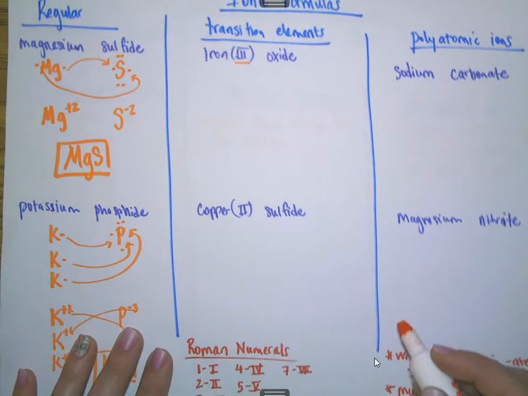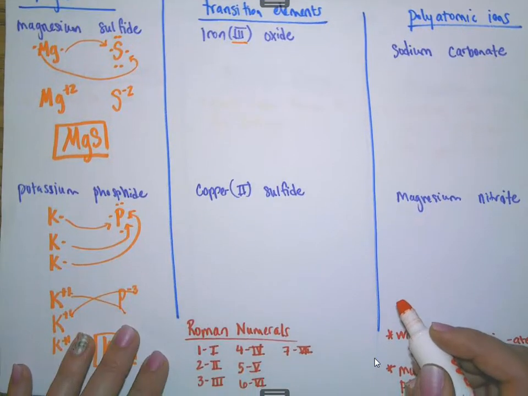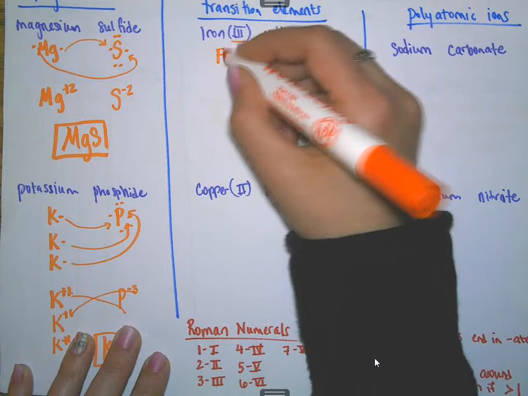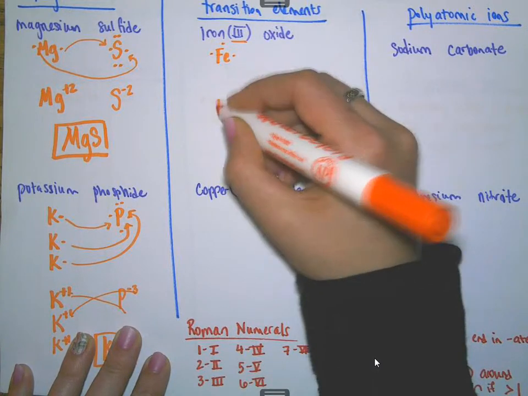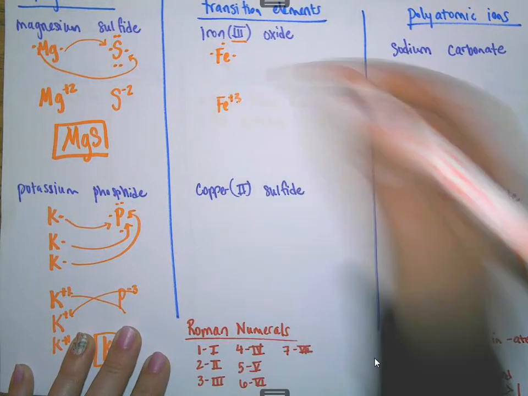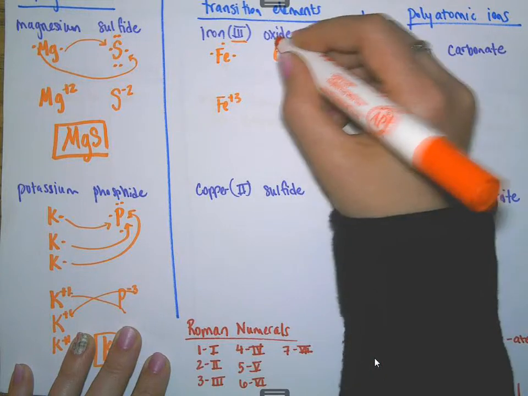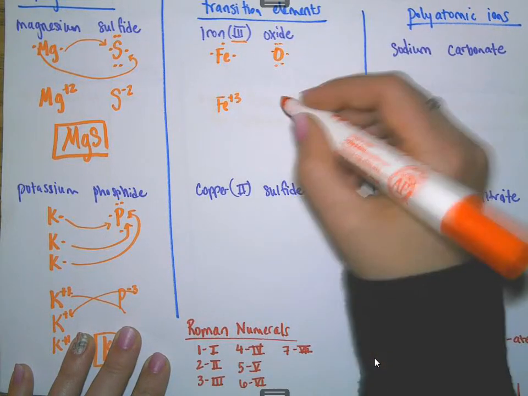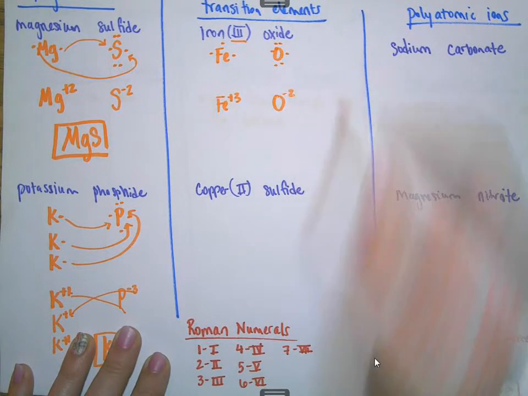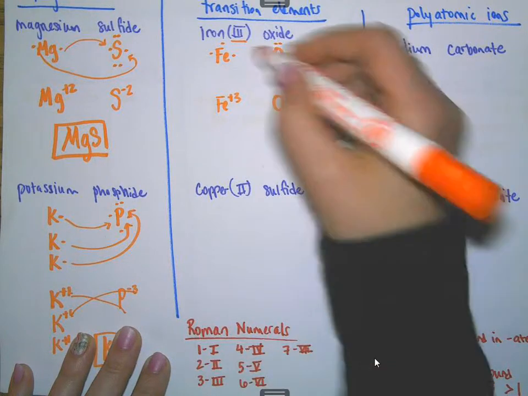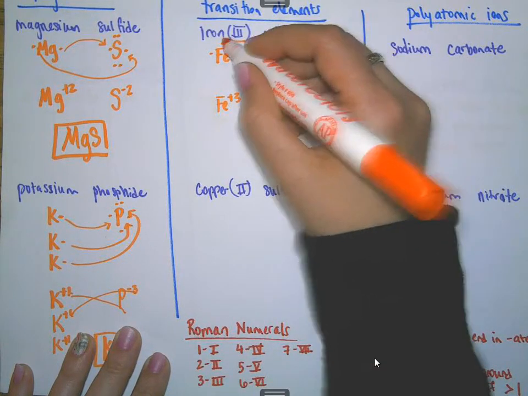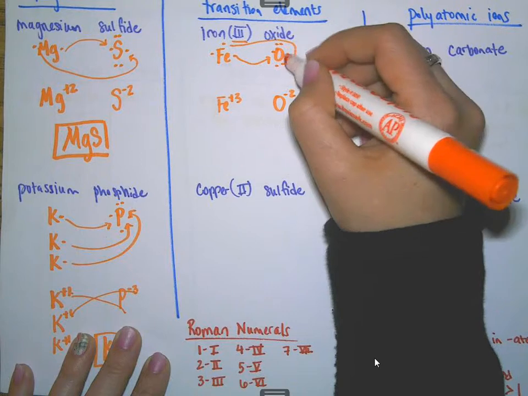If I have iron 3, what that's telling me is that I have iron that has 3 valence electrons. And so I'm going to write Fe with 3 dots, or I'm going to write Fe plus 3. Oxygen has 6 dots, or oxygen has a charge of -2. Oxygen is going to take 2 of those electrons, but after it takes 2, there's no more spaces.